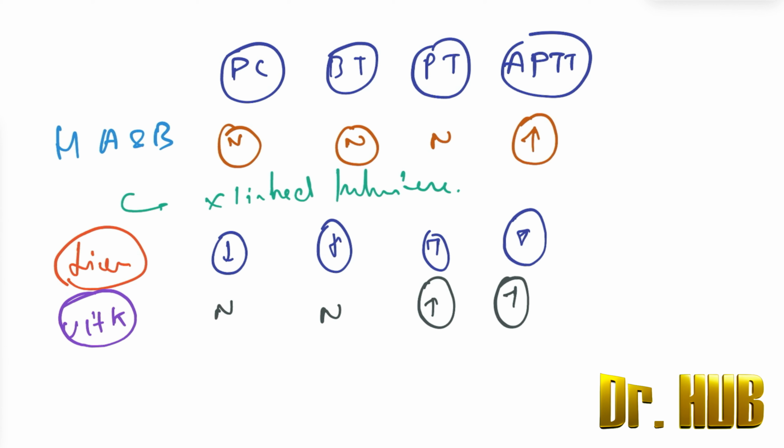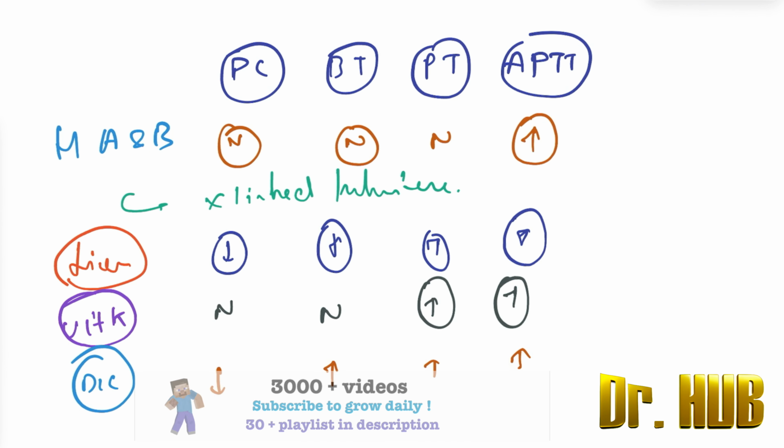Next, we will move on to DIC. What is DIC? In DIC, there is a decrease in the platelet count and an increase in the bleeding time, an increase in the PT, and an increase in the APTT. What are the other important notes in DIC?